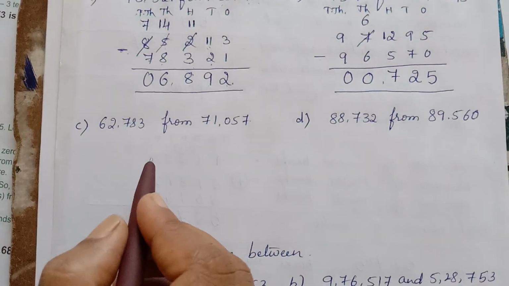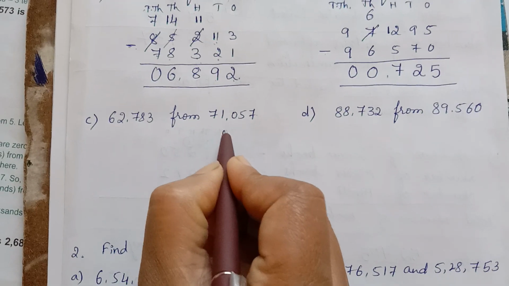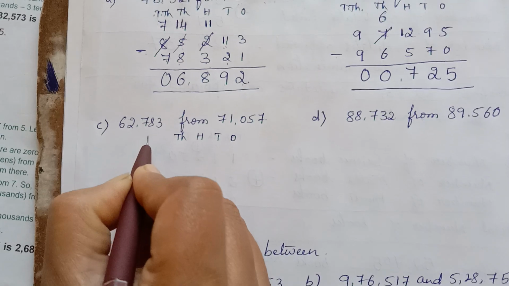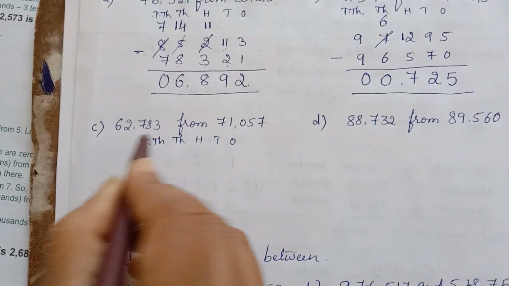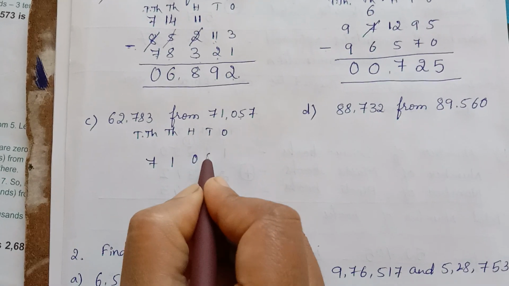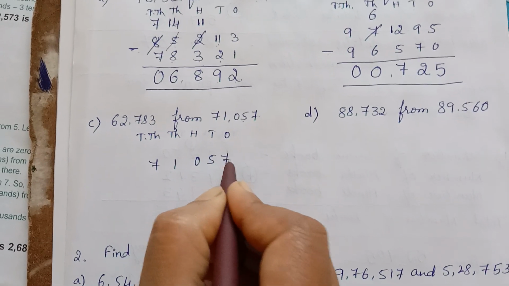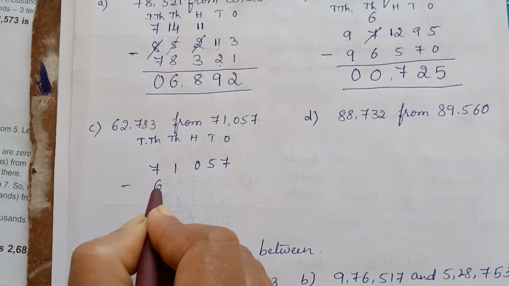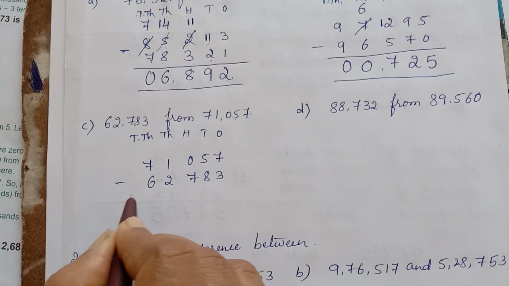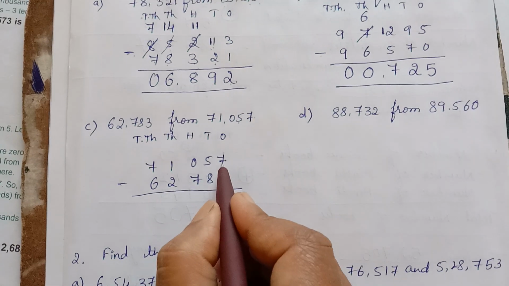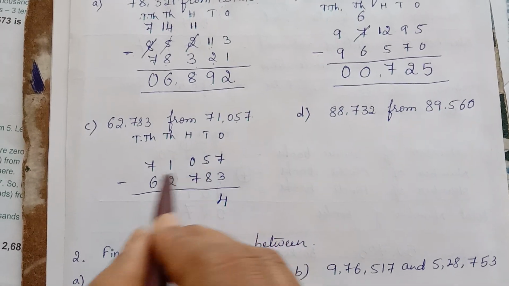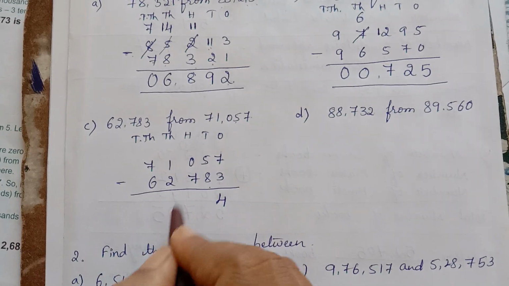Yes. Next we will move on to the third one. Arrange the numbers in a column first. The first number is 71,057 minus 62,783. Subtract these two numbers. 7 minus 3 is 4. 5 minus 8 not possible.